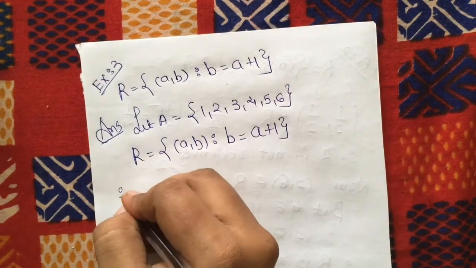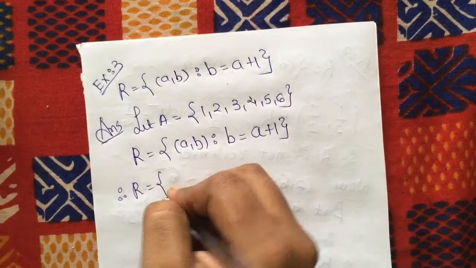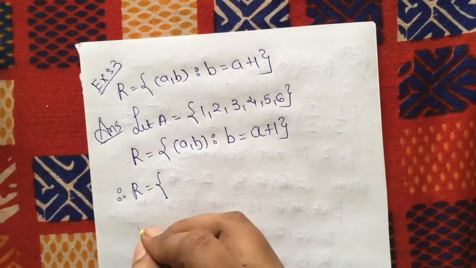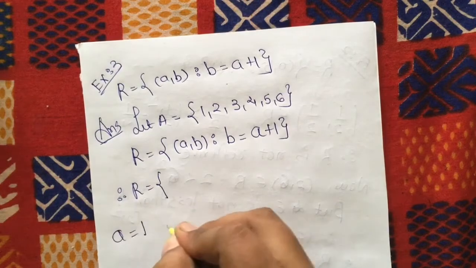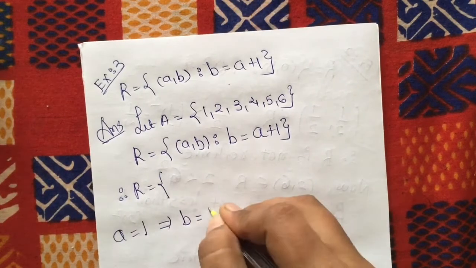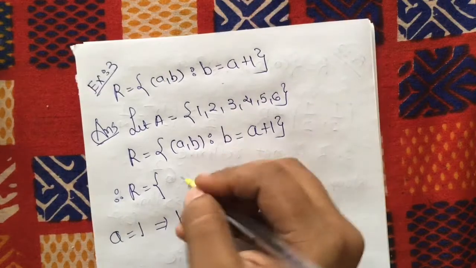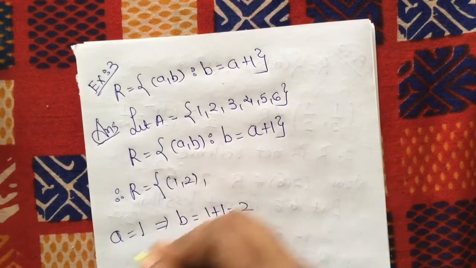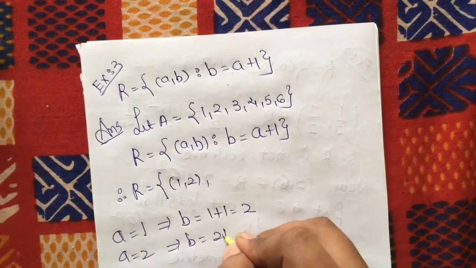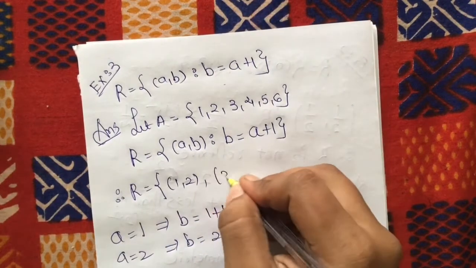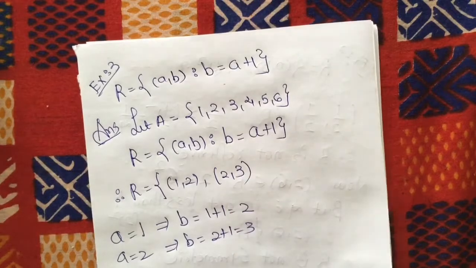तो therefore R क्या हो जाएगा, हम डिफरेंट वैल्यूज लेंगे. देखो a अगर हमने लिया 1, so a = 1 which implies b = 1 + 1, that is 2. So यहाँ पे एक पैर बन गया (1, 2). a = 2, which implies b = 2 + 1, that is 3. Another pair is (2, 3).